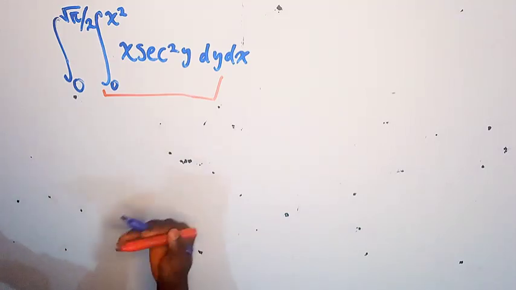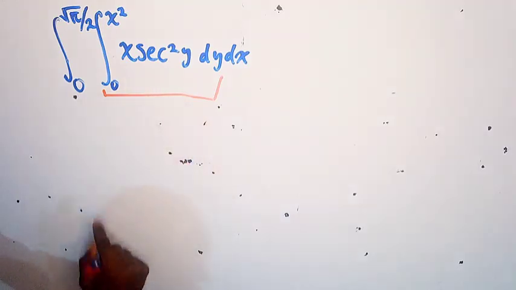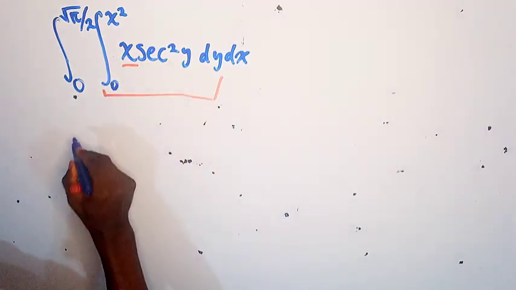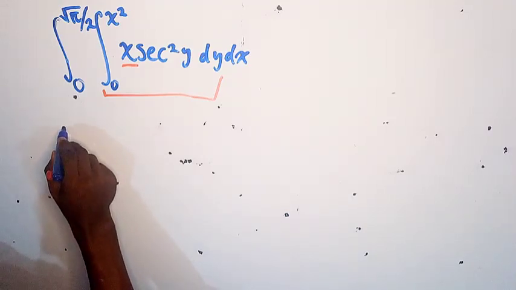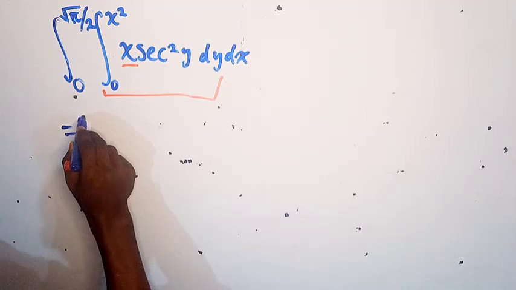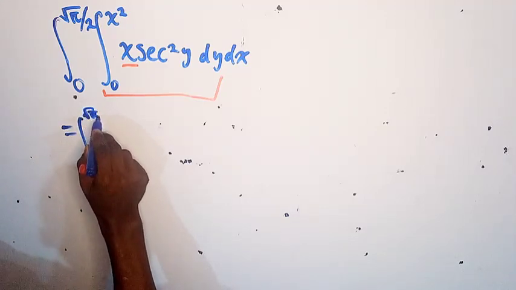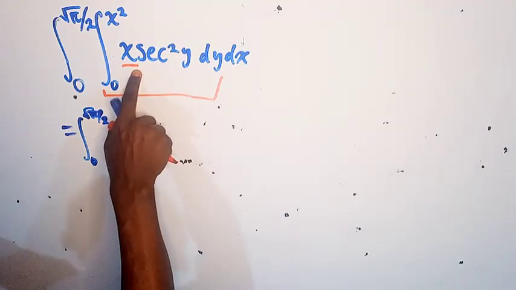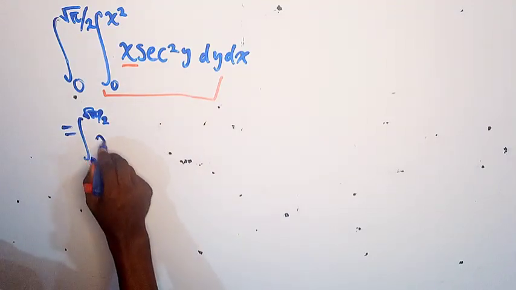So to integrate this with respect to y means we are going to be considering this x here as a constant. So this is going to be equal to, we just put down the first one, which is the integral from 0 to square root of pi over 2. Then integrating this right here, keeping x as a constant, so we just keep the x.